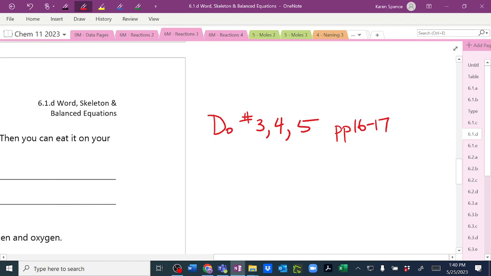The homework will say 3 to 8 because my morning block had 20 minutes to work on this. I don't know how we managed to go so much faster in the morning, but that's okay. So you can just ignore the 8 unless you want to do the extra practice. And you're also going to do 6.2a, the exercises. That's that Tyler DeWitt one. Now you're going to classify them. Okay? Those don't take very long.